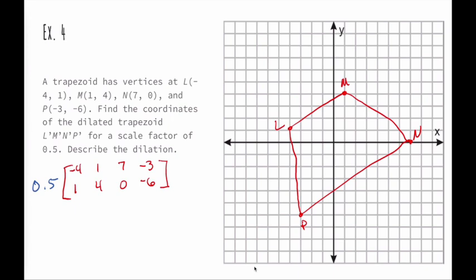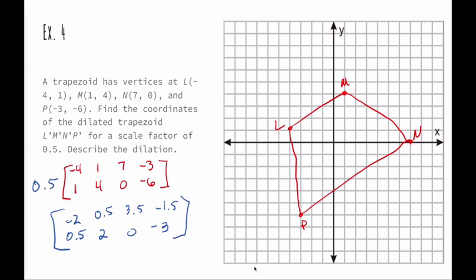And all that means is that we just multiply the vertex matrix by 0.5. So this is -2, 0.5, 0.5, 2, 3.5, 0, -1.5, -3. Everything just gets multiplied by 0.5.